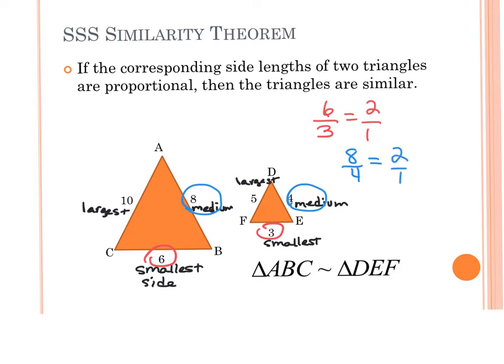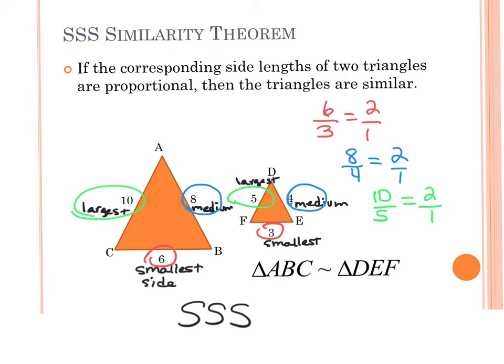And then lastly, the largest side in the big one and the largest side in this little triangle, 10 to 5, 2 to 1. Because each side simplifies to the same ratio, I know that these two triangles are similar, and the reason is the side, side, side similarity theorem.